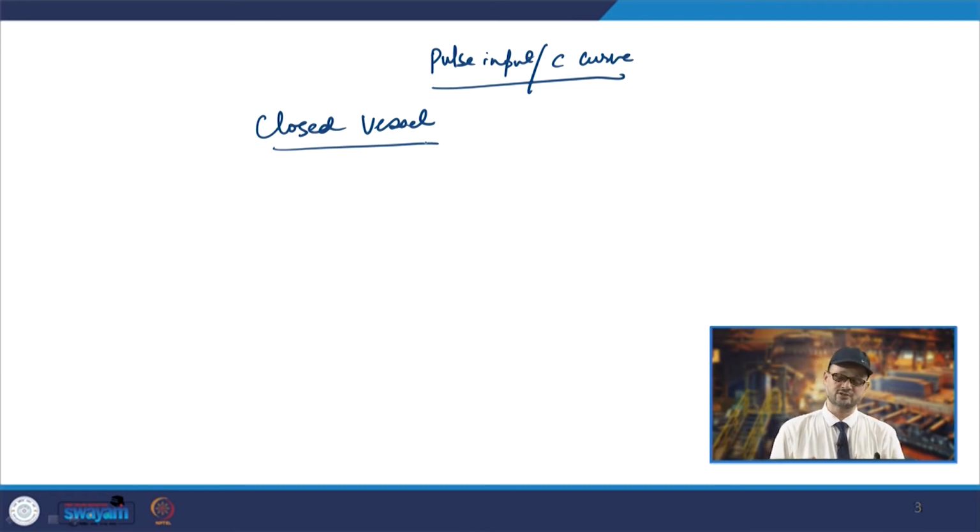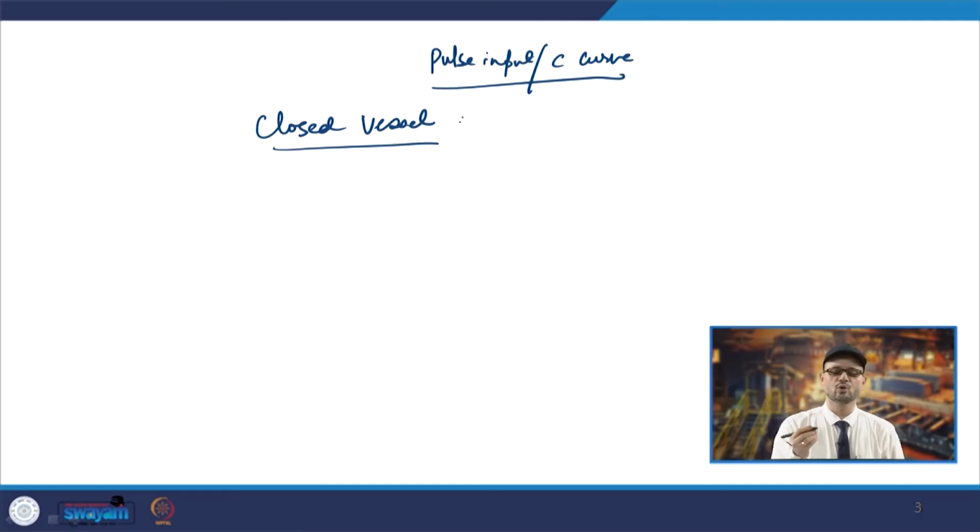In a closed vessel, for example in continuous casting operation, the tundish can be taken as the closed vessel, because your tracer inlet is from one side, that is from the ladle, it enters into the tundish, and then the dye comes out through the tundish outlet.